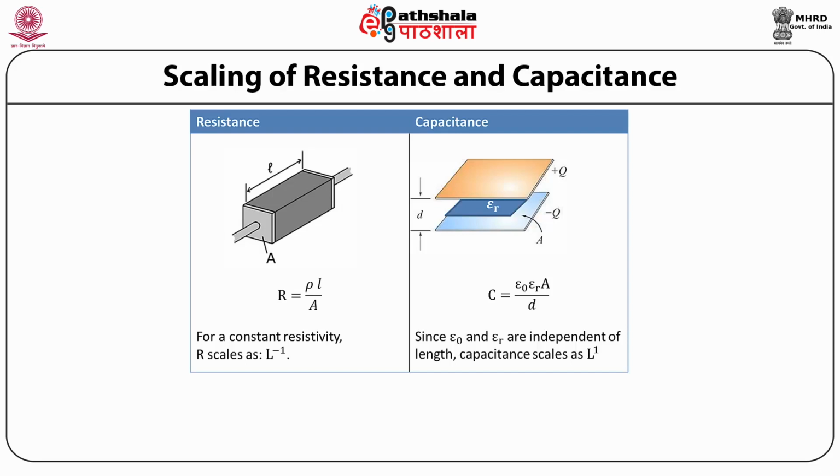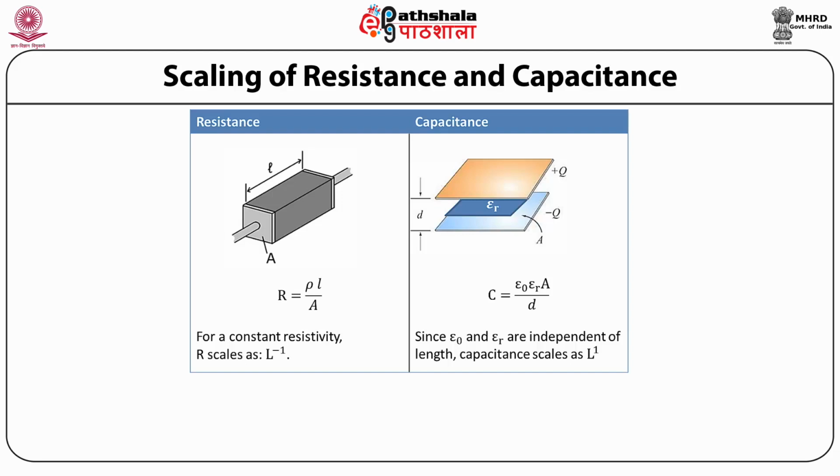In the case of capacitance, as shown in this figure, there are parallel plates, each of cross-sectional area A, separated by a distance D, and in between there is a dielectric medium having a dielectric constant epsilon R. So C is equal to epsilon naught epsilon R A by D. Hence, capacitance scales as L to the power 1.